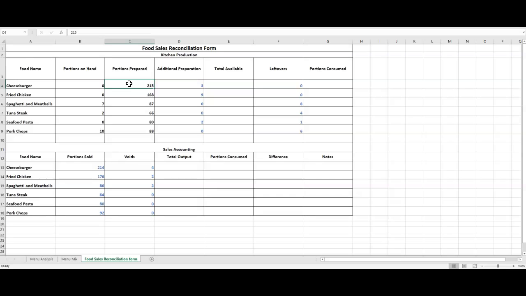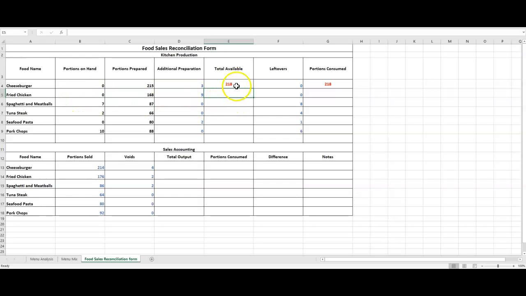So instead of just 86ing it and closing it down for the night, we decided we are going to make a couple of extra cheeseburgers, and they were sold. So the total available that we had for the night was 218. We didn't have any leftovers, so during the night we made 3 extra and we sold those 3. So our portion consumed would be 218.